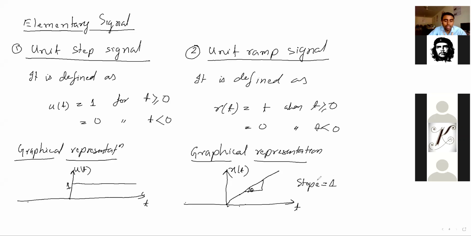Since the slope is 1, this is called a unit ramp signal. The slope will be 1 when there is an angle of 45 degrees. Is this doubt clear? Does anybody have any questions?